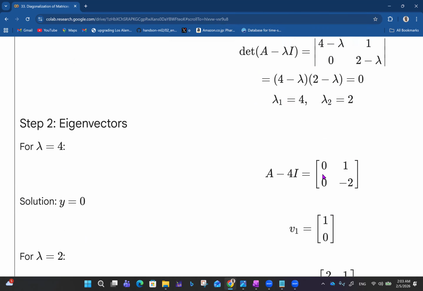We don't know x, but y is given to be 0. So it means that the vector will simply be [1, 0]. The eigenvector is [1, 0], because y is known based on what we see from here.